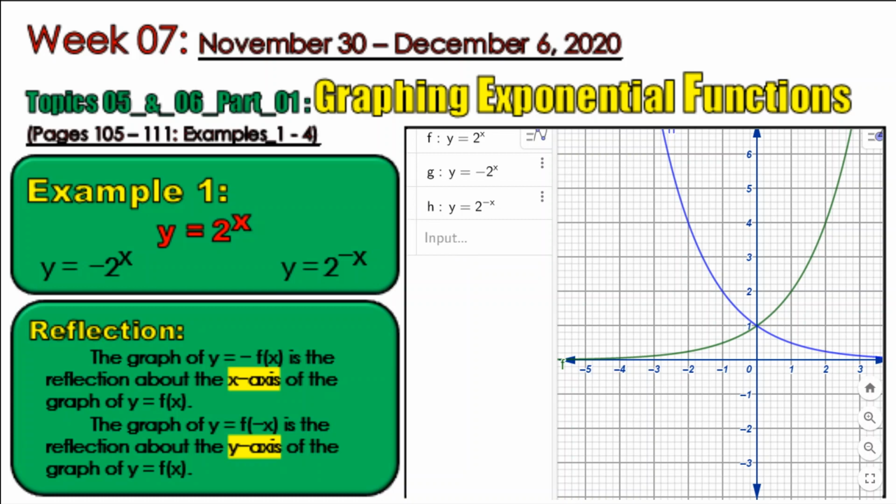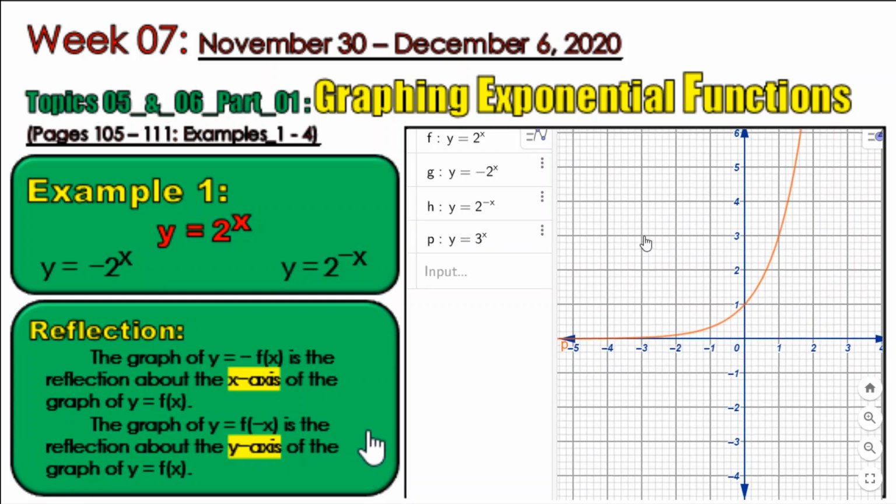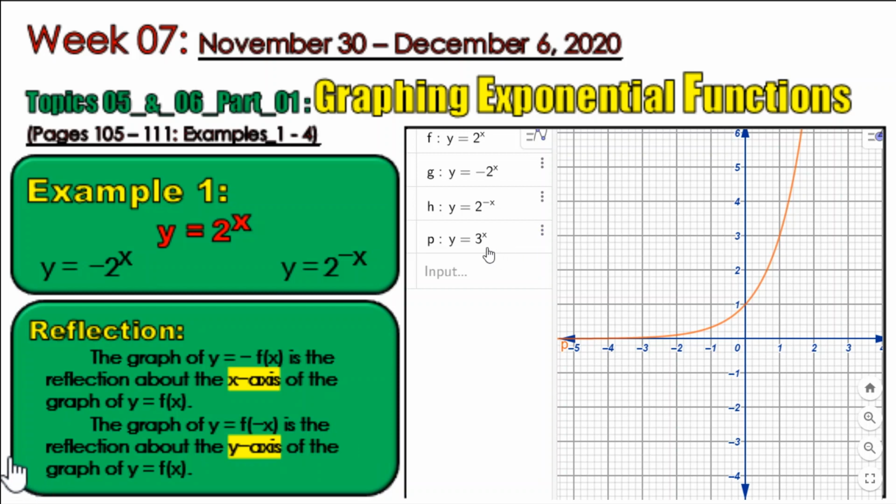So let us have more examples. If we have the function y is equal to 3 raised to x, so this is the graph. If I ask you for a function which is symmetrical to the y-axis, what would be our function in relation to the function y is equal to 3 raised to x?